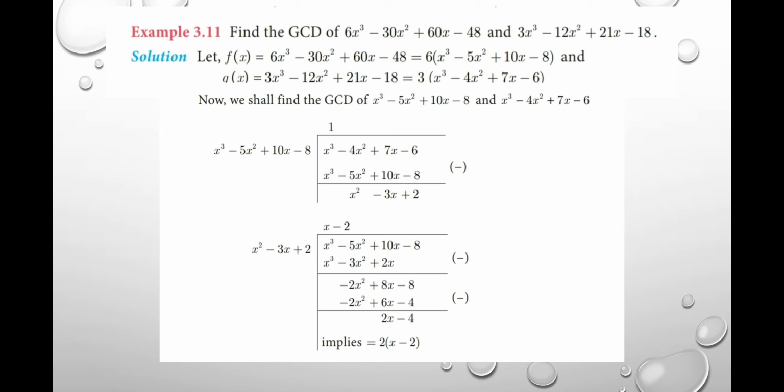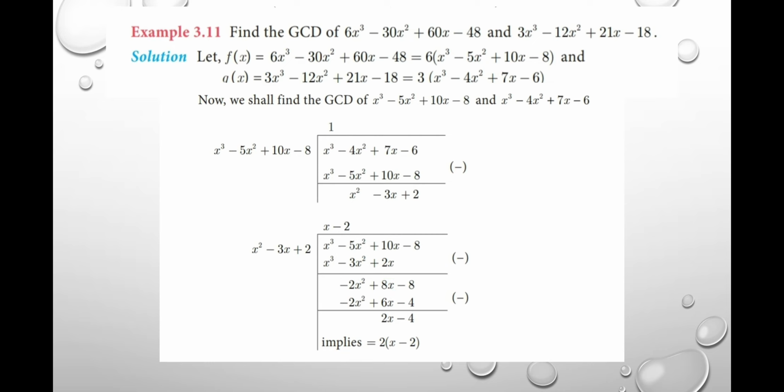Now simplify, subtract. If you subtract, the signs should be changed. x cube minus x cube gets cancelled, minus 5x square plus 3x square is minus 2x square, then plus 10x minus 2x is 8x, then take minus 8 as it is.